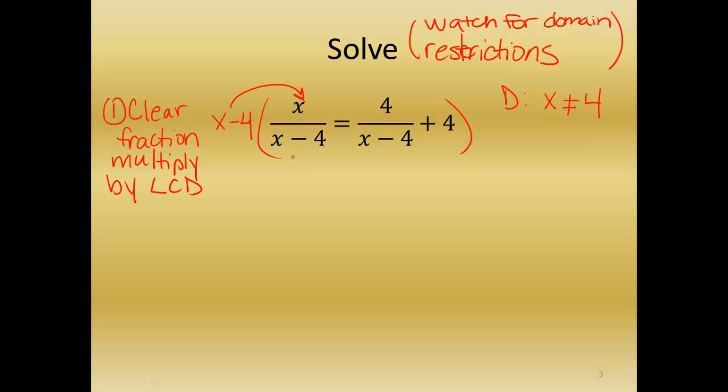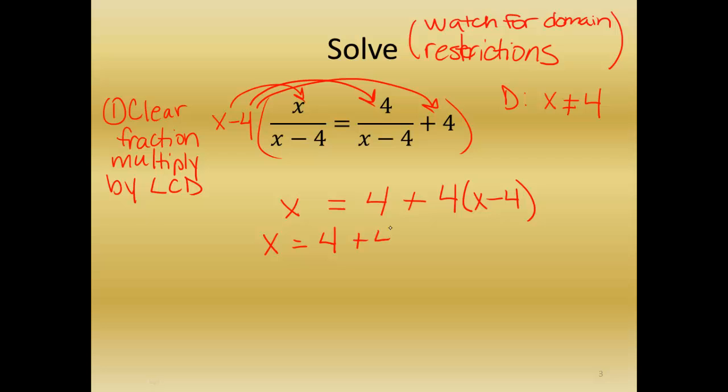When I distribute to the first one, the x minus 4's reduce, and I'm left with x. x minus 4 times the second fraction, the x minus 4's reduce, and I get 4, plus distribute the x minus 4 to the last one, and it's 4 times x minus 4. Again, I'm left with a linear expression, or a linear equation, that I have the ability to solve.